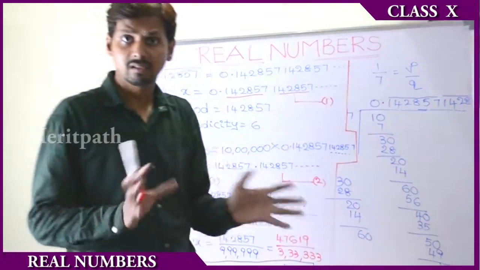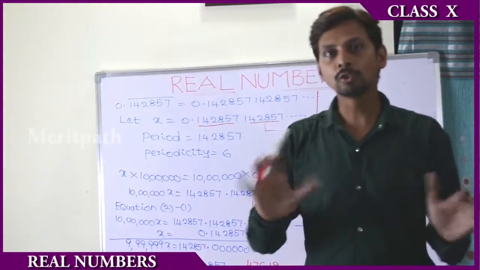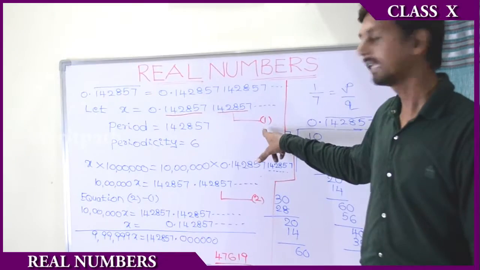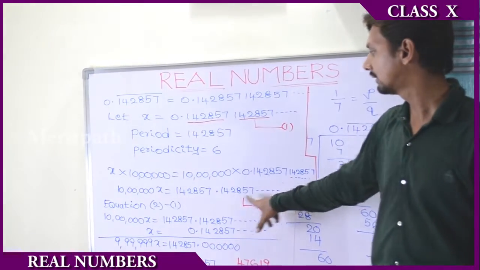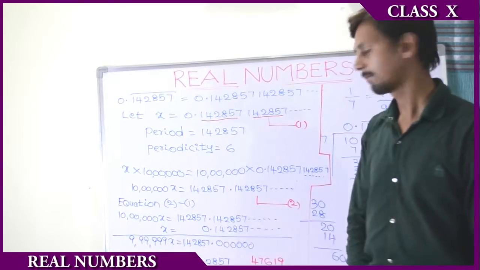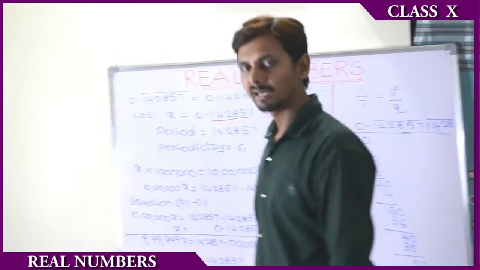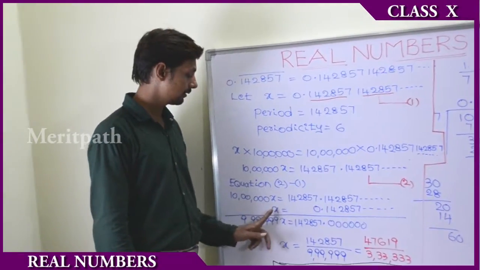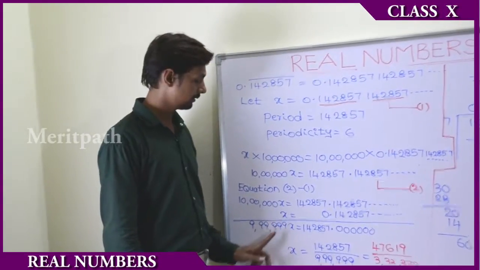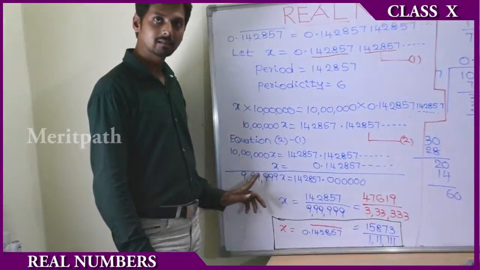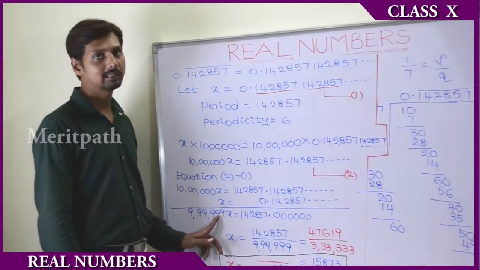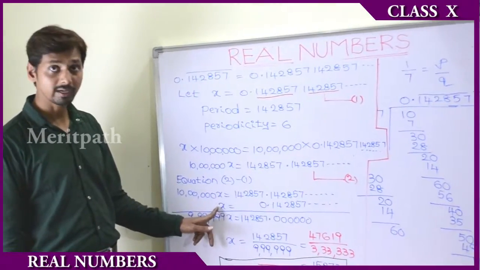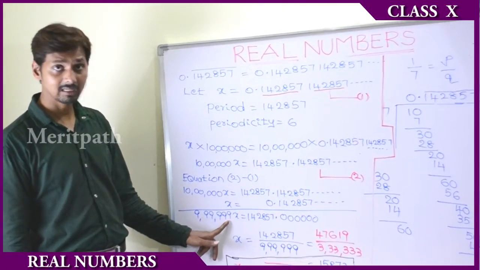And let us subtract these two equations. Equation 2 minus 1. This is equation 2 and this is equation 1. Let us see what value we get. So 10 lakhs x minus x, we get 9,99,999 x. 10 lakhs x minus 1x is 9,99,999 x.